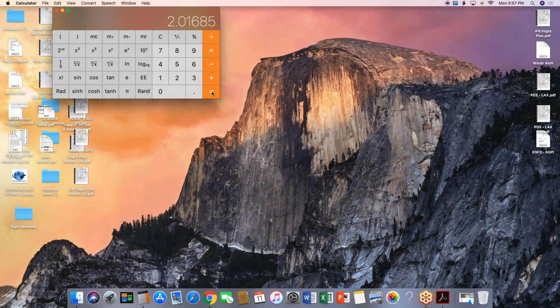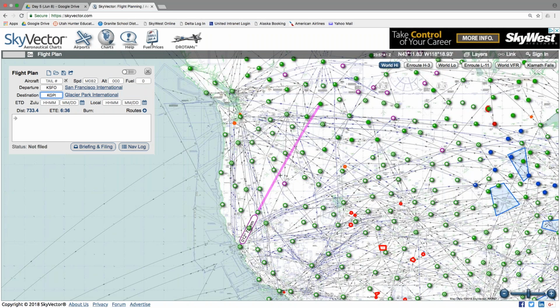We're gonna go 2 hours and then that 0.1, so 2.1 hours. Okay, that's our ETE for this flight. This isn't accounting for winds. It's not accounting for anything but just a rough estimate. Okay.